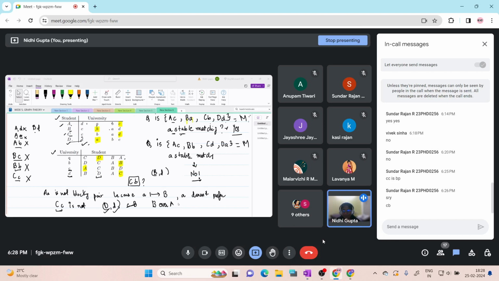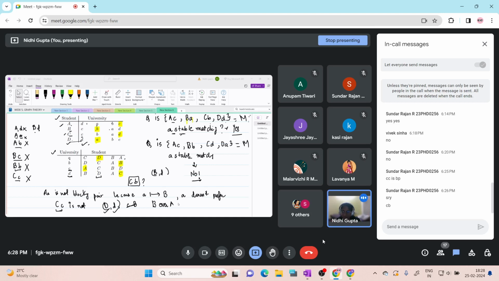Capital C is happy with university B because earlier he is getting university D. Why is it a blocking pair? Capital C is getting university B, which is better than university D. So student C is happy.